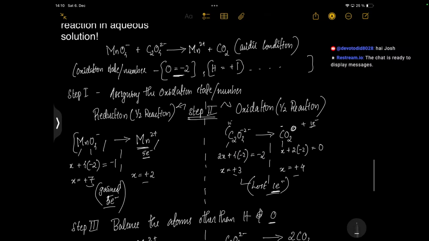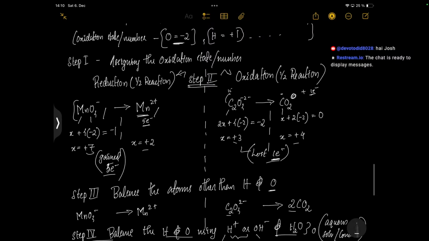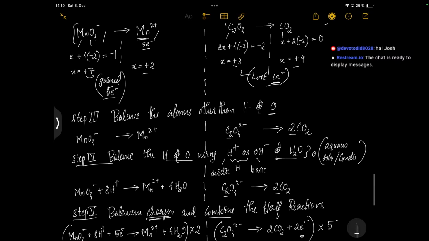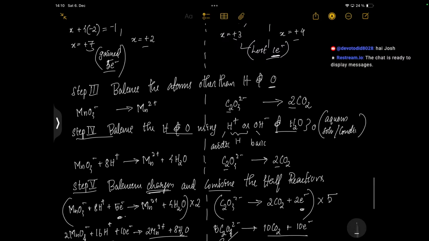So step one would be assigning the oxidation state numbers. After that, we could see which atom lost the electron and which one gained the electron. The one who lost the electron would be the oxidation half reaction, and the one who gained would be the reduction half reaction. Then we balance the atoms without balancing the hydrogen and oxygen.